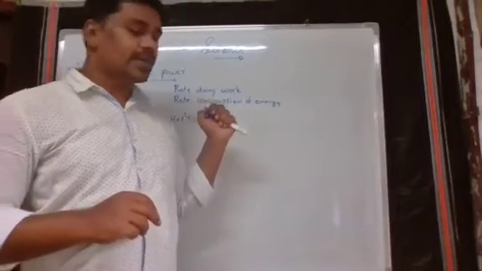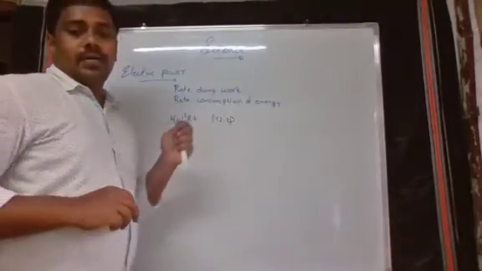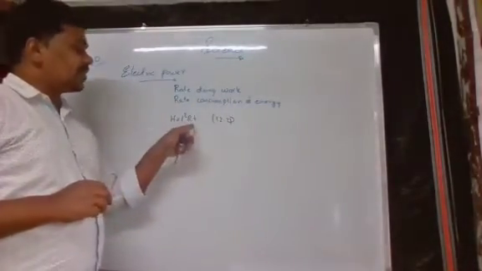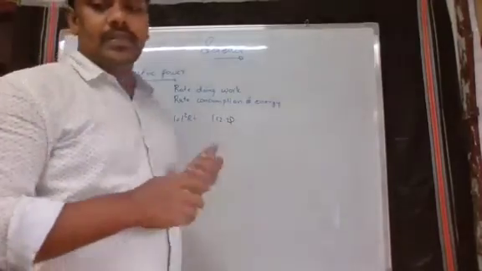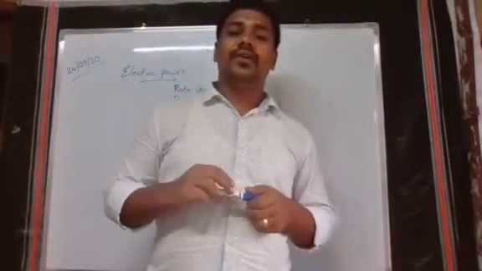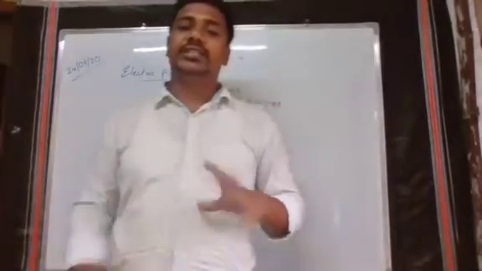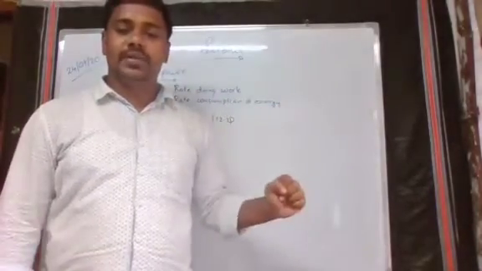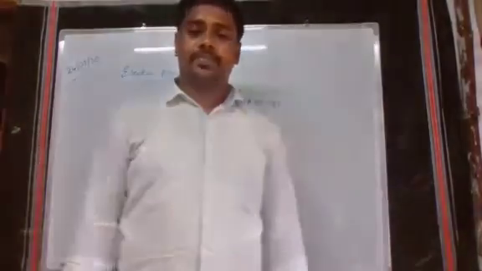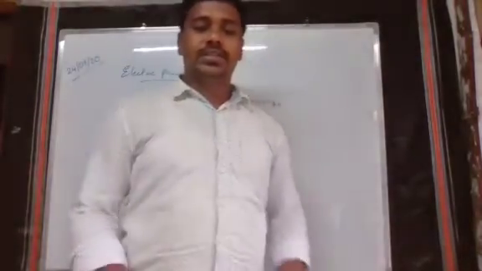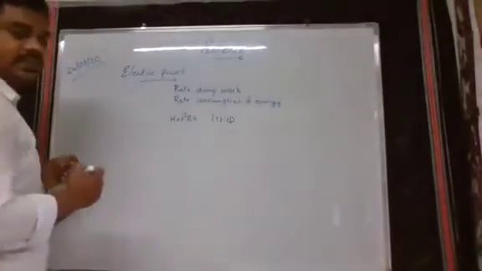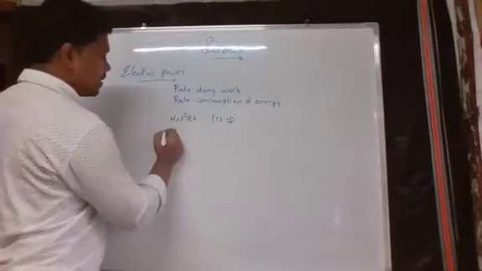H is equal to I square RT. That is the rate at which electrical energy is dissipated or consumed in an electric circuit. This is also termed as electric power.